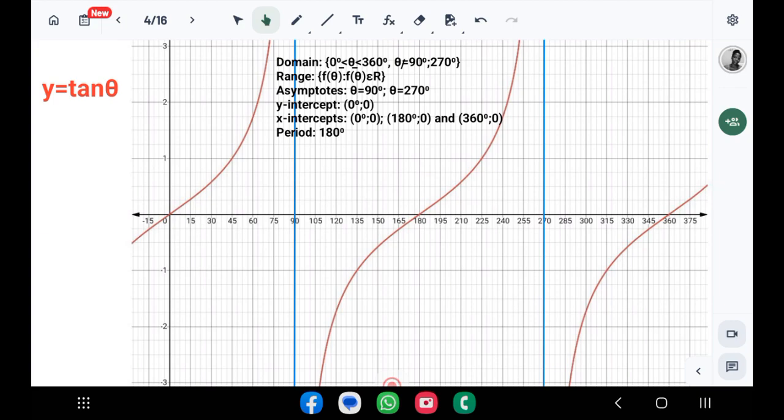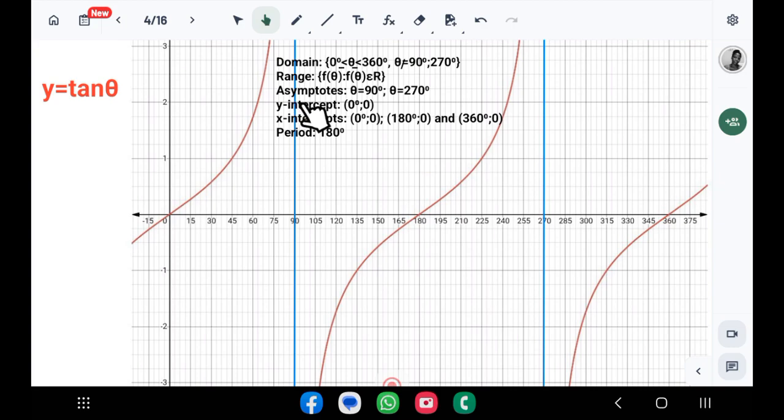Your range, the values of y where your function is defined, has no restriction. It goes all the way from negative infinity to positive infinity, including 0, right in the middle. So your range is f of theta is an element of the real numbers.